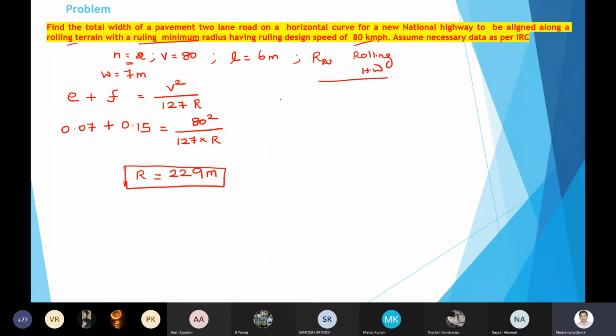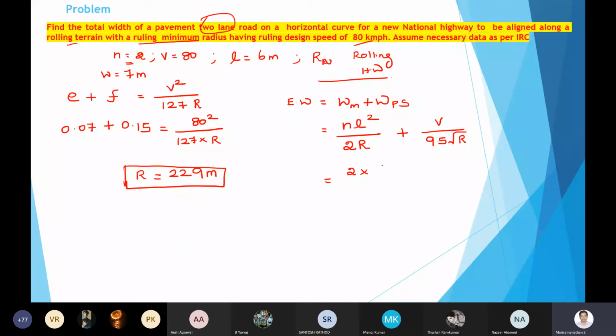And now our duty is to estimate the extra widening. Extra widening is nothing but mechanical widening plus psychological widening. The equation for the mechanical widening is n into L squared divided by 2 into R. Then the psychological widening is nothing but V divided by 9.5 into root R. n is nothing but 2, given in the problem as a two-lane road.